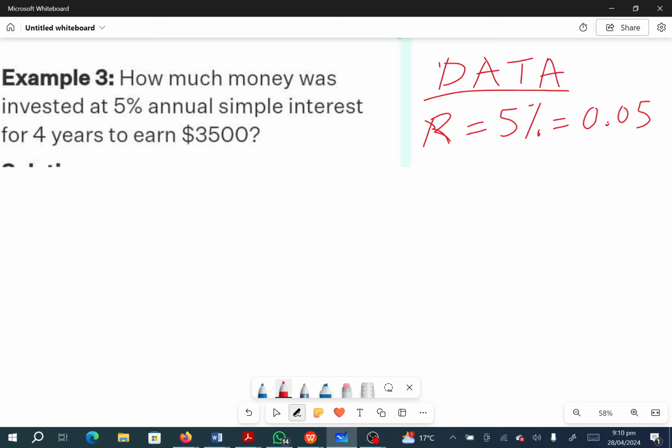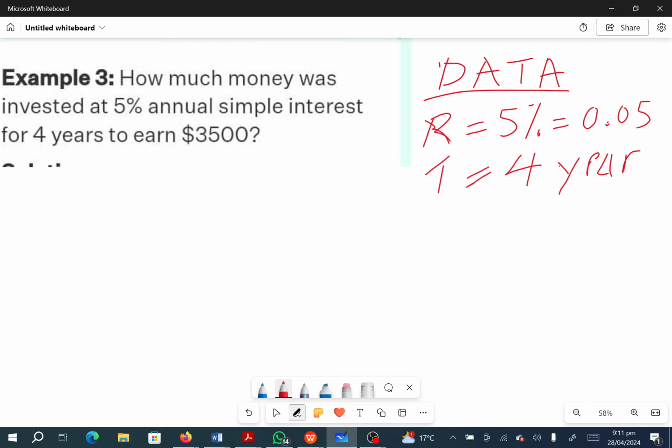Then we have been given the period in terms of time. The period this will take is 4 years. So it took 4 years for these investments to mature.